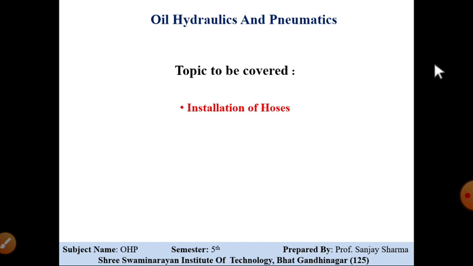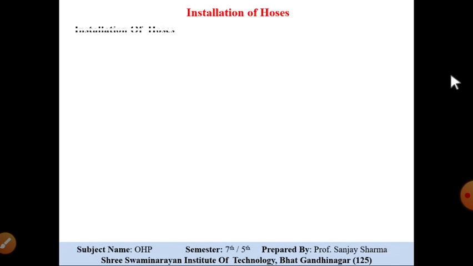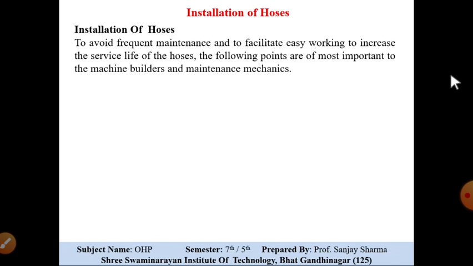Now let us see the installation of hose. We know that if some component is not properly fitted, or if proper maintenance or proper installation is not done, often and often we will find maintenance. So in order to avoid frequent maintenance, to facilitate easy working, and to increase the service life of the hose, it is very important that the installation of the hose should be done very properly.